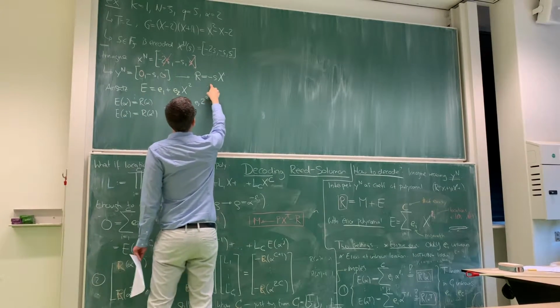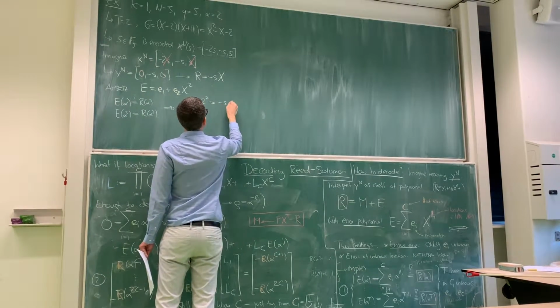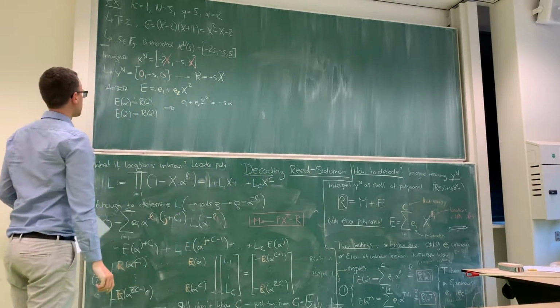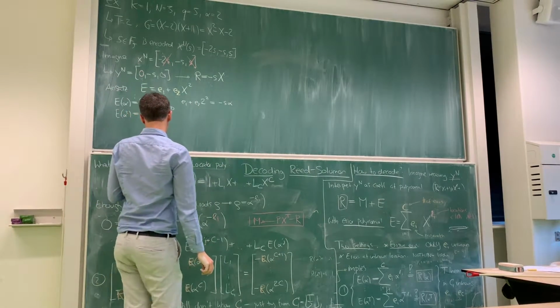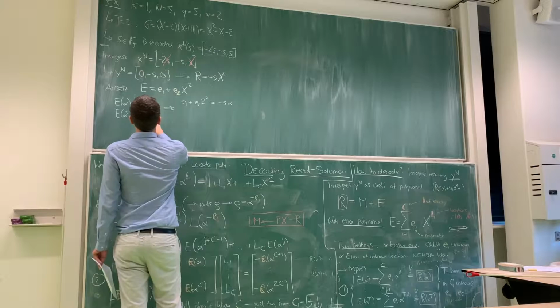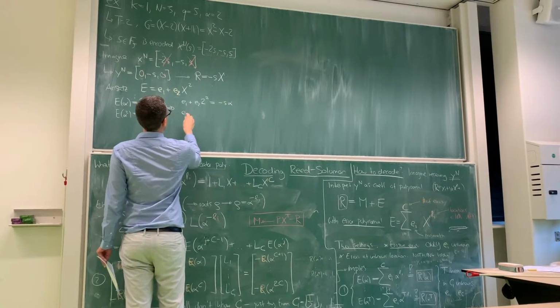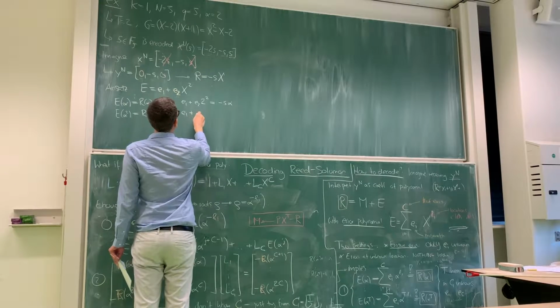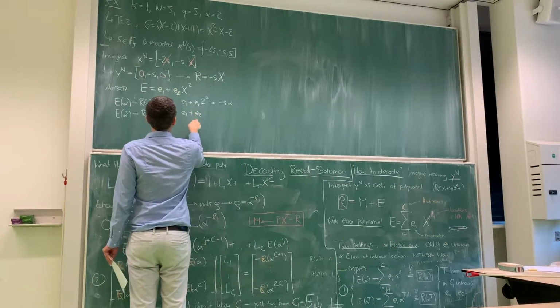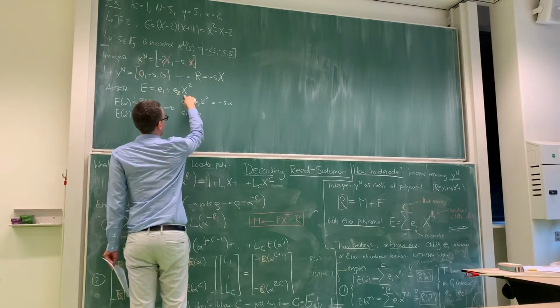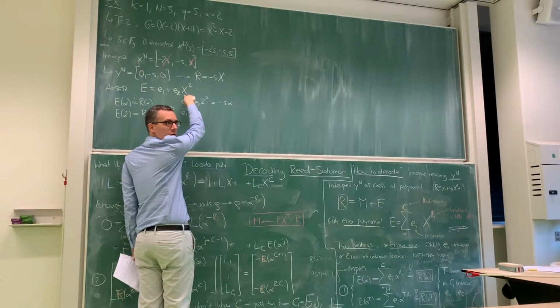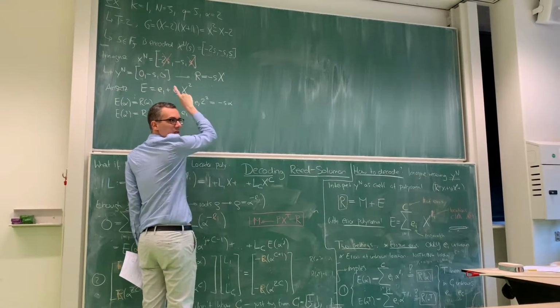But R of alpha is minus s times alpha. Does this make sense? Looks like it. And here, the second equation, now we plug in alpha squared. So it's e2, and now we plug in alpha squared for x. So we actually get alpha to the 4. So alpha is 2.